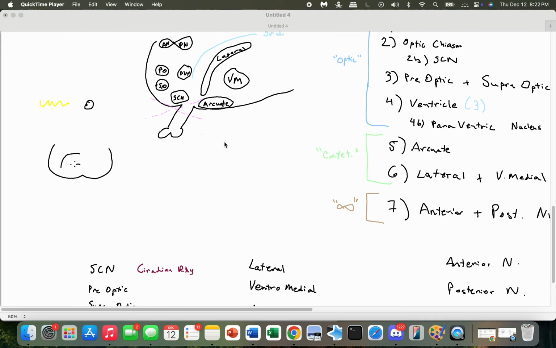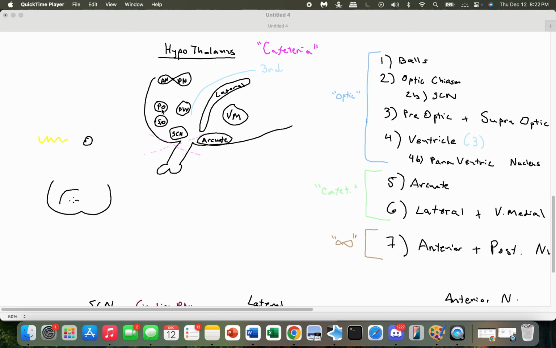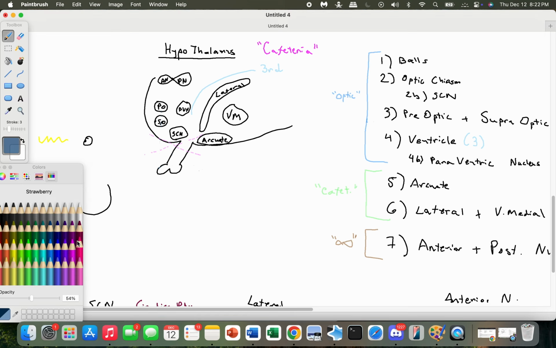Okay, so now we're moving on back to the preoptic, and the supraoptic and paraventricular nuclei. All right, so I'm just gonna draw something right here. This is a group, and this is a group. And I do this intentionally. So let's just draw a line straight down from our two groups.